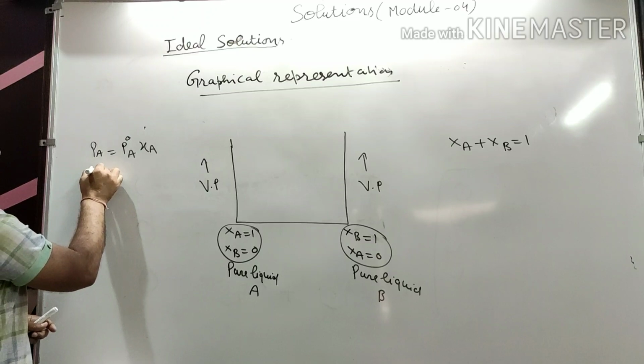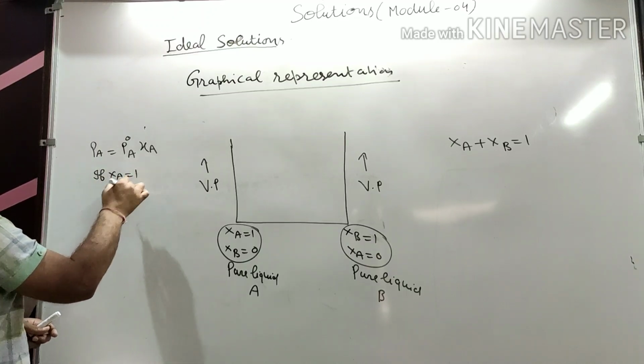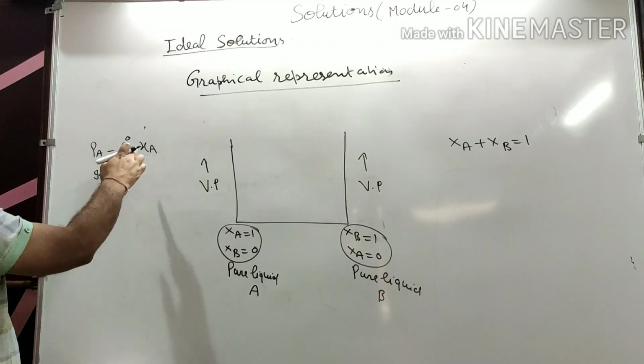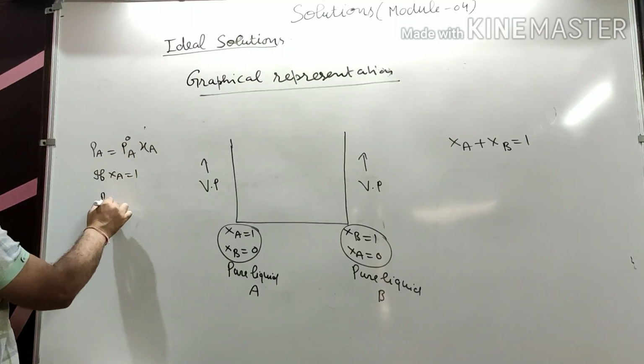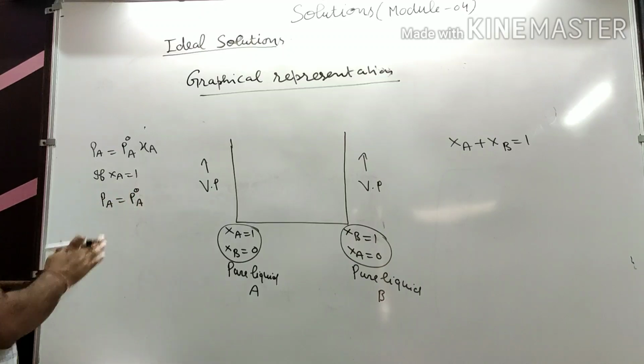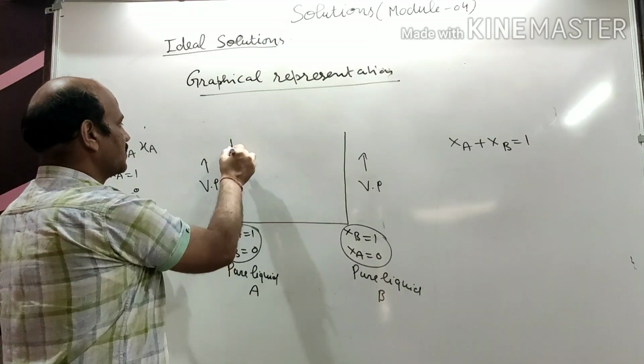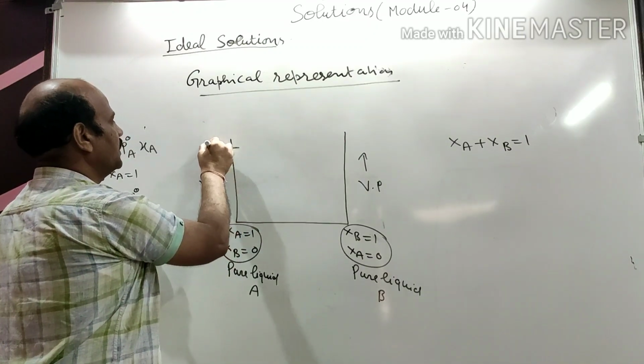Now if XA is equal to 1, students, put here, then what will be? PA is equal to P naught A. Or you can say that's like a pure substance, and vapor pressure will be maximum. So this is P naught A.